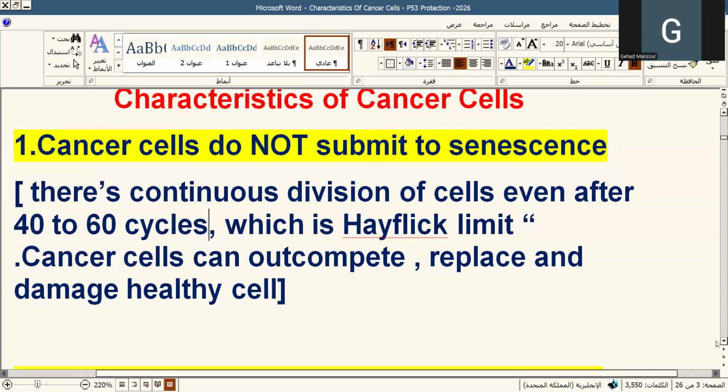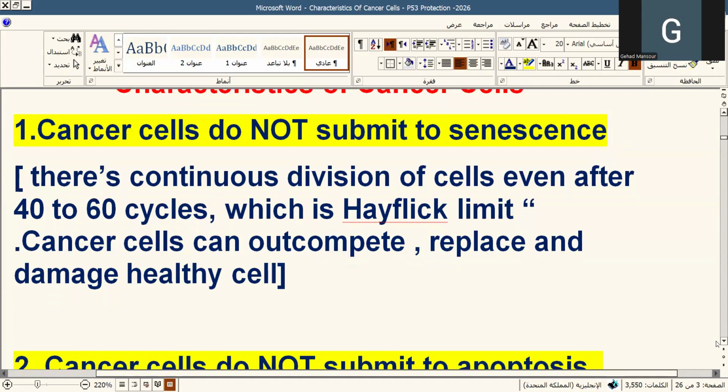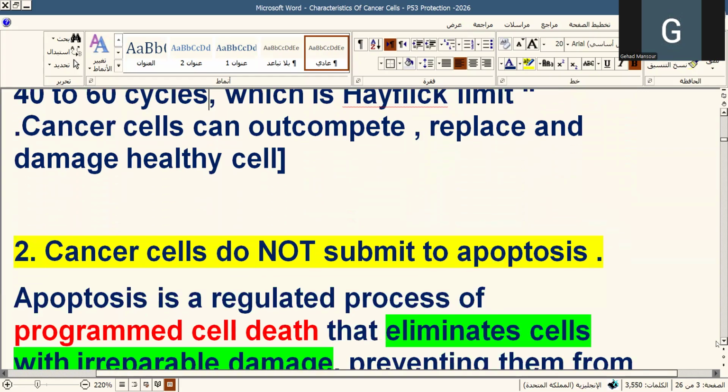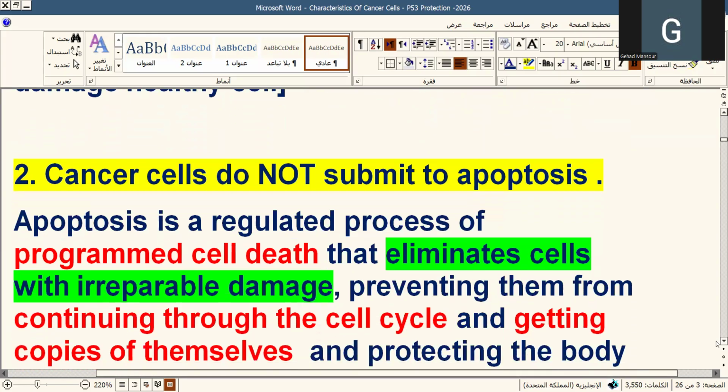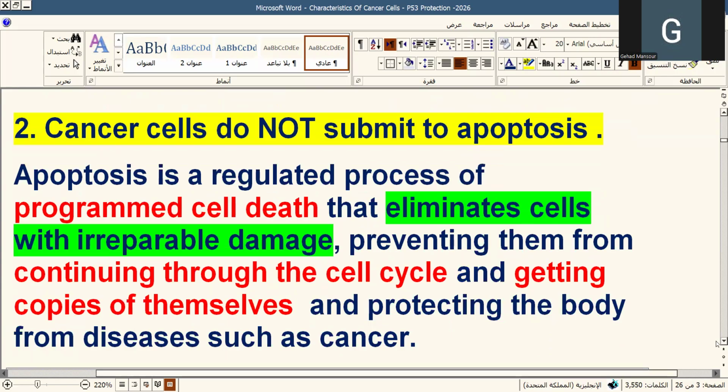But the cancer cells do not submit to senescence. They can do hundreds of cell cycles repeatedly in sequence without stopping, and therefore they increase tremendously in numbers. They give huge masses of cells. They outcompete the normal cells that cannot compete with them, and they even replace those healthy cells.